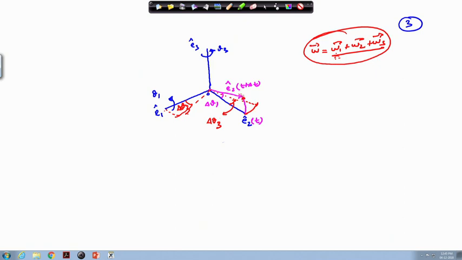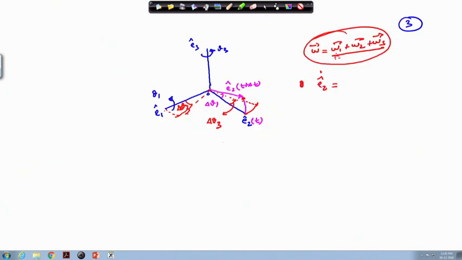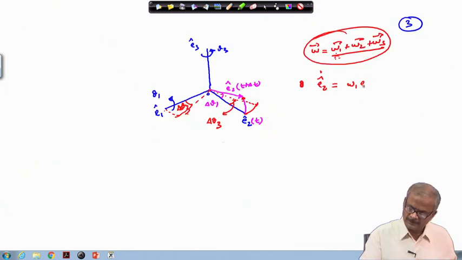We have already done a lot of discussion over this, so I do not want to spend more time on it. The E 2 dot we have written on the previous page as omega 1 times E 3 cap minus omega 3 times E 1 cap.